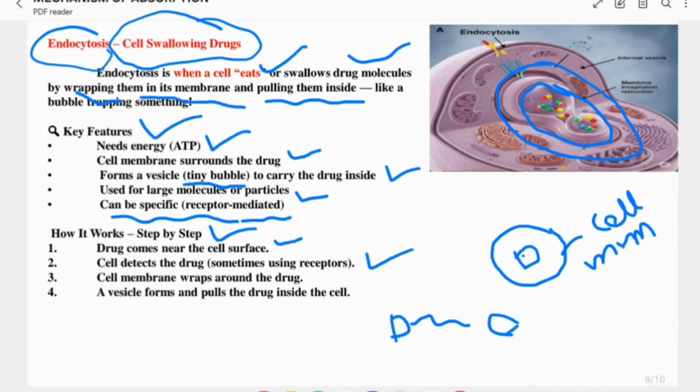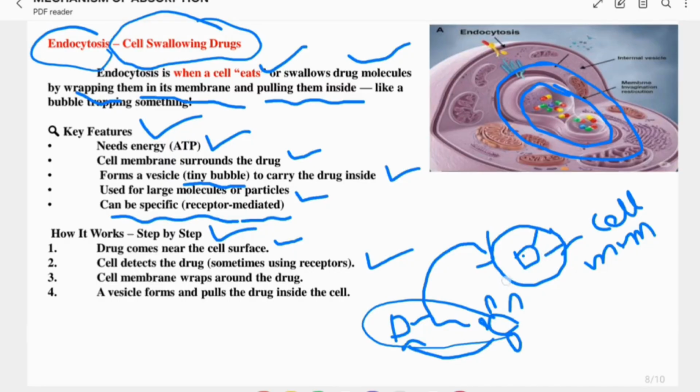Then this cell will grab this drug particle and engulf it, and the drug molecule will get inside of this cell, that is, grabbing or wrapping around the drug.